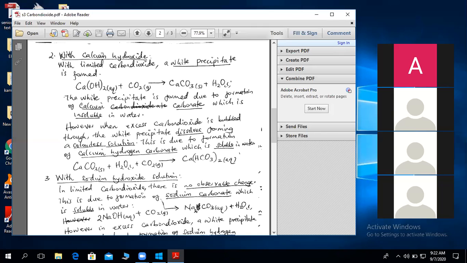Calcium hydroxide is what we call lime water. But lime water is just like a nickname, just like you yourself have a nickname.